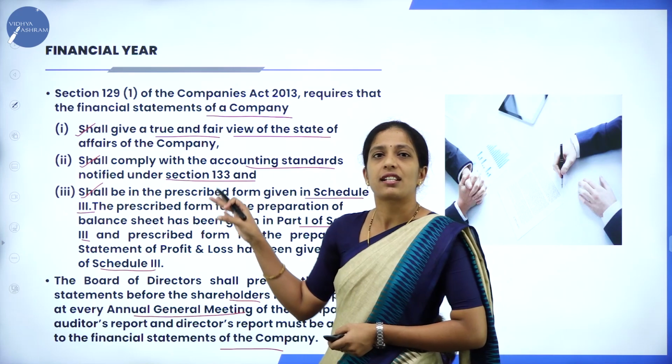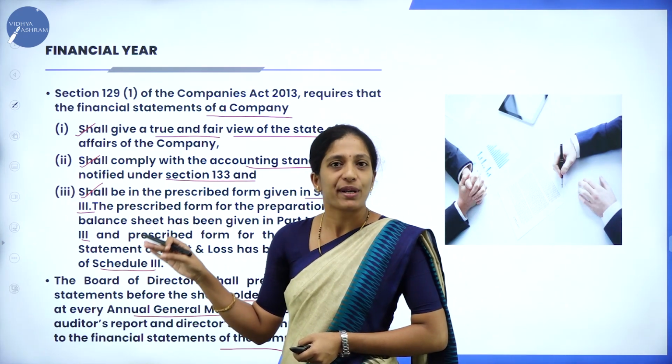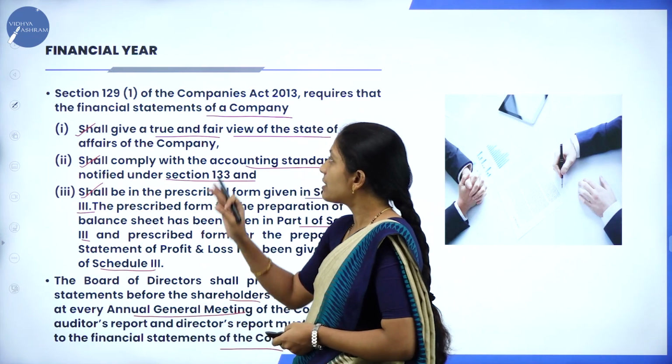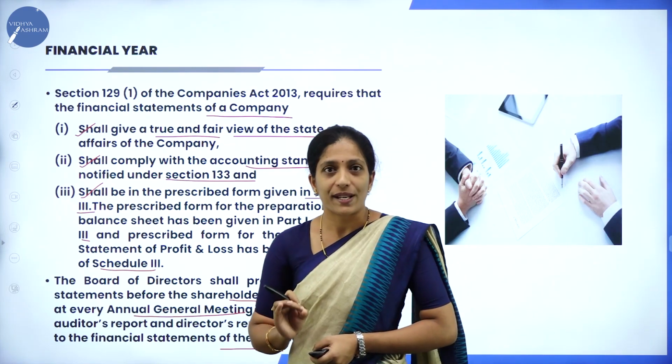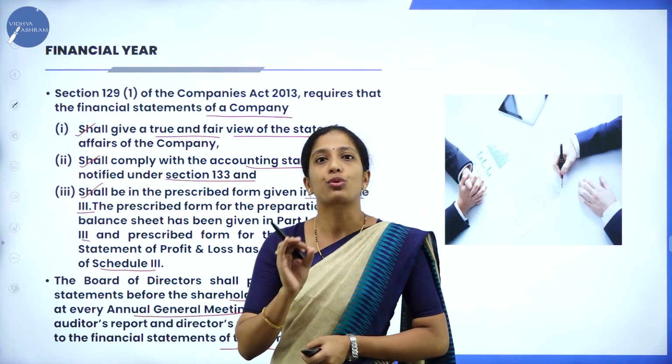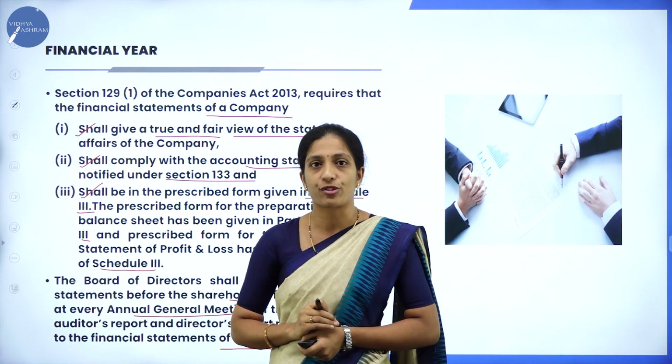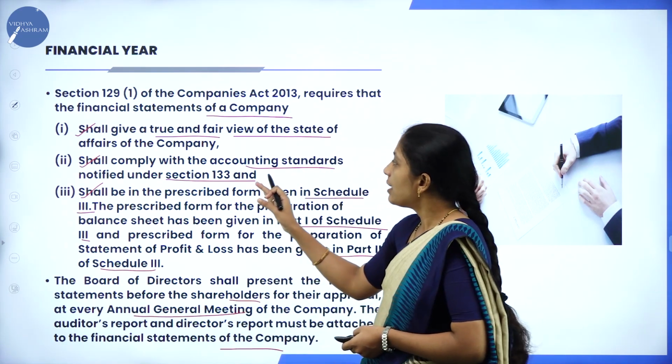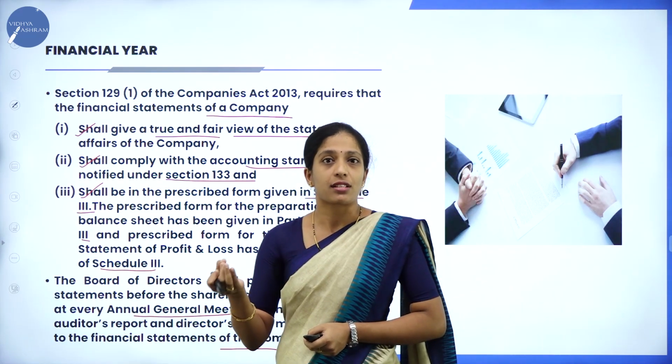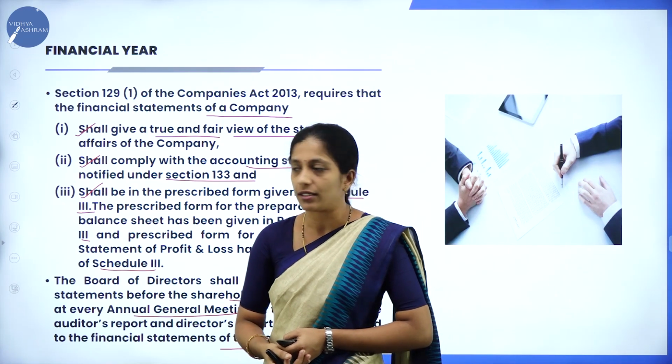So, these are the certain conditions given under the Companies Act 2013, which tell us a financial statement should be in such a way that it gives a true and fair result of the financial position of the business and should comply with the accounting standards mentioned in section 133.